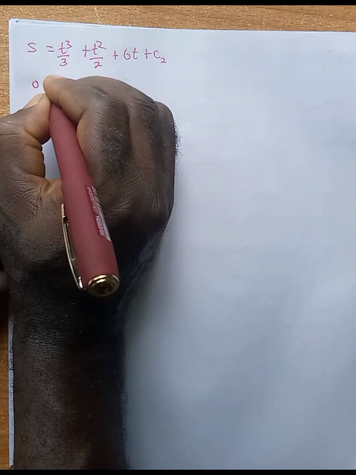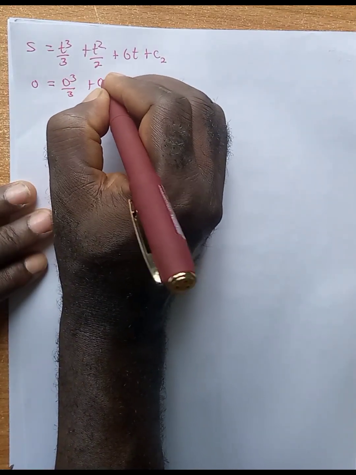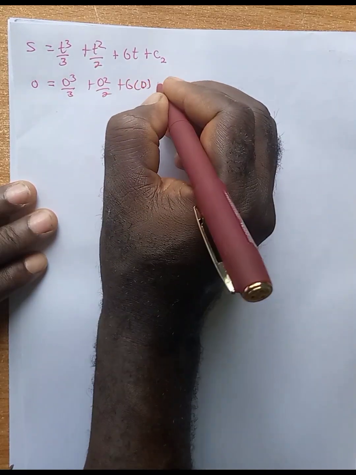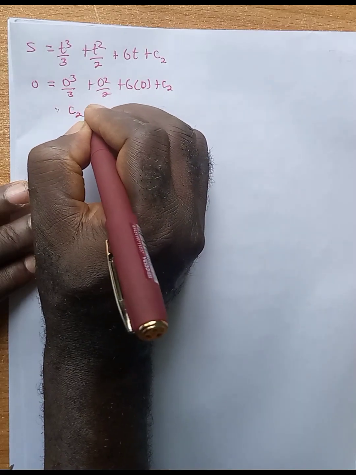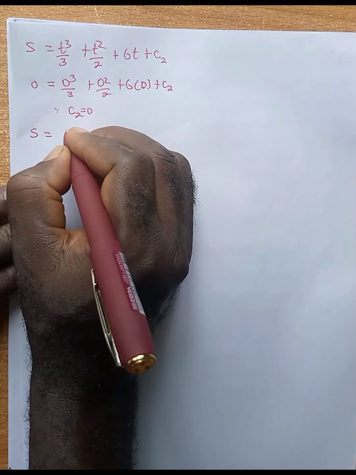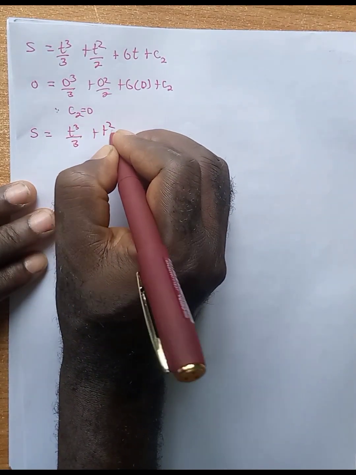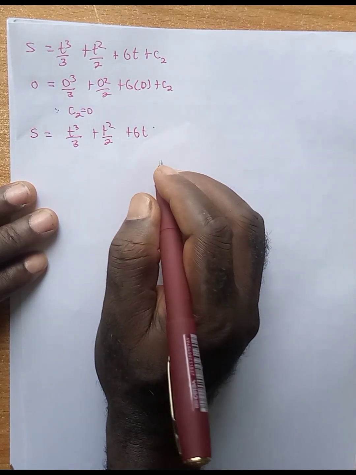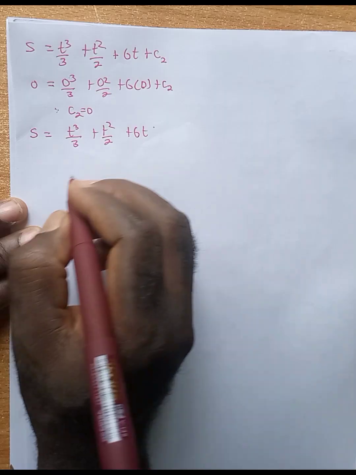So we have 0 equals 0 cubed over 3 plus 0 squared over 2 plus 6 times 0 plus c2. From here, c2 is equal to 0. Therefore, the displacement function s equals t cubed over 3 plus t squared over 2 plus 6t.